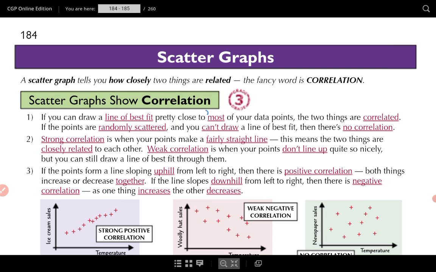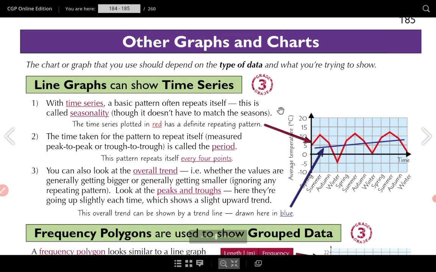Line graphs can show time series. So line graphs are shown like this. You just draw a line connecting the points. It's not even a straight line. Just follow the points.